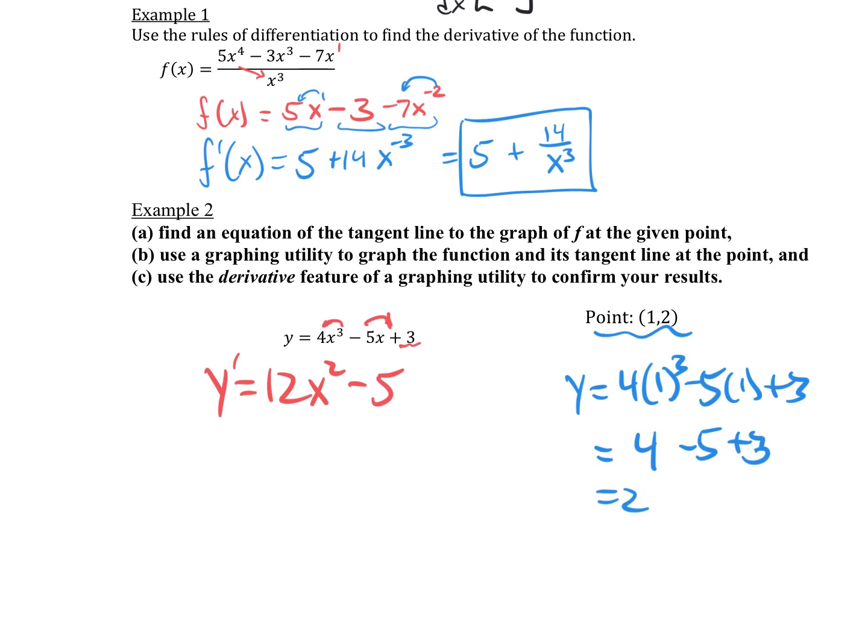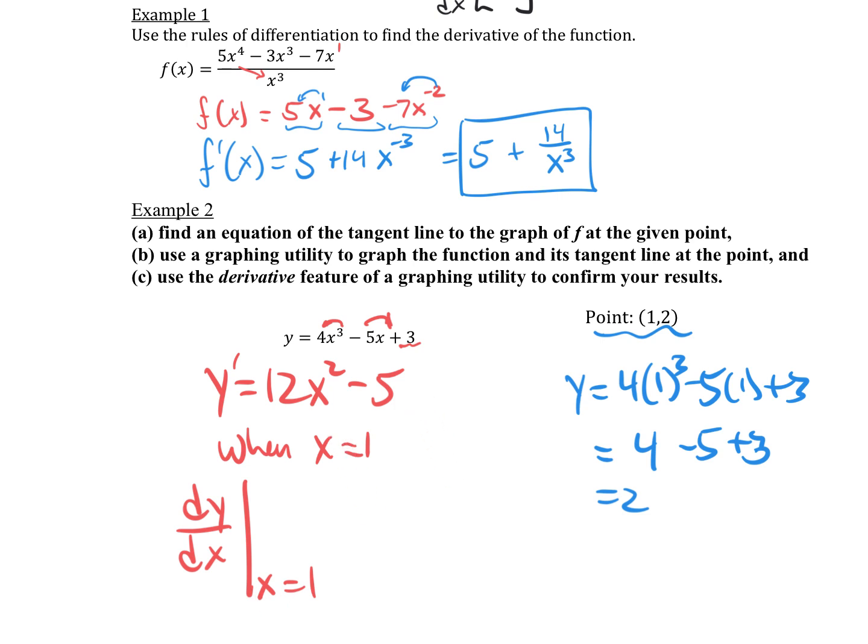And now we want to find out what is the derivative when x equals 1. And the way we write that is like this. So when x equals 1, we're going to say the derivative of y with respect to x when x equals 1. So this bar here, we say evaluated when x equals 1.